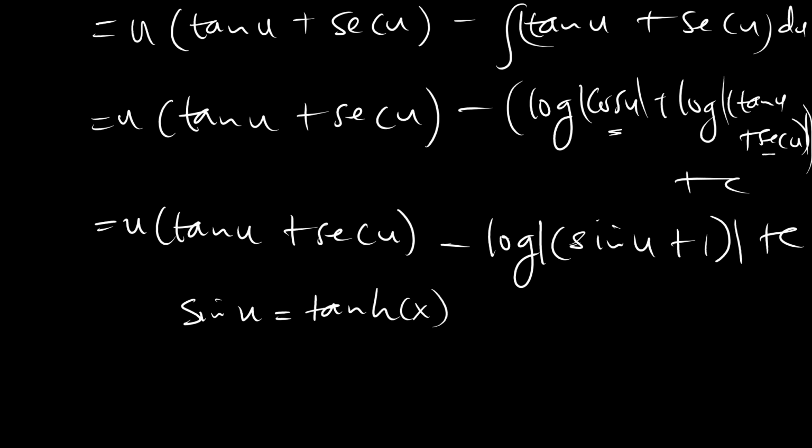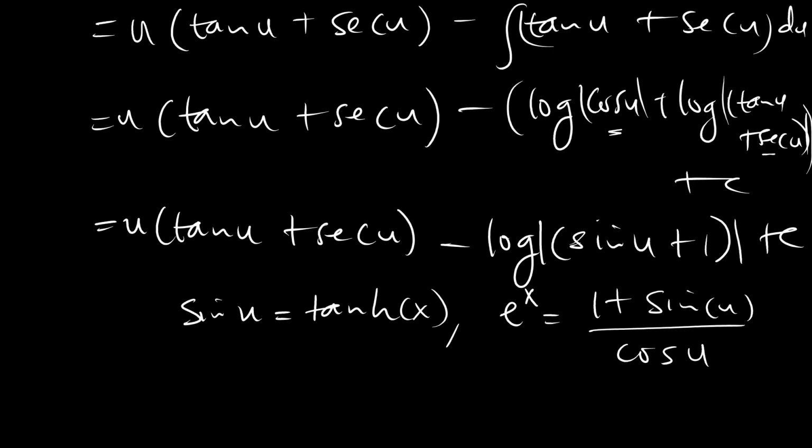Okay, and we saw that e to the x equals (1 plus sine of u) over cosine of u.